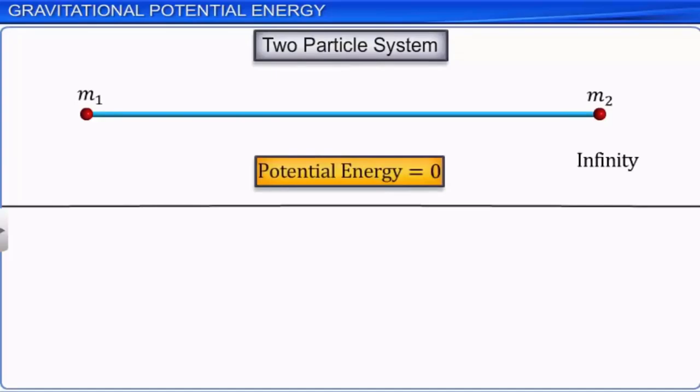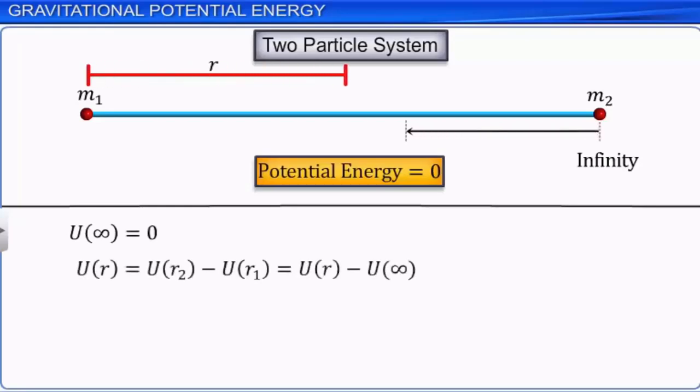In this expression, r1 is infinity and r2 is equal to r. By applying this to the two-particle system considered, we bring the second particle from infinity close to the first particle.